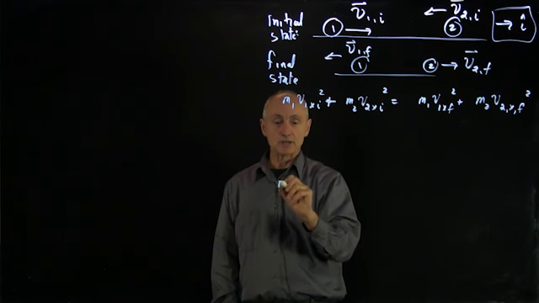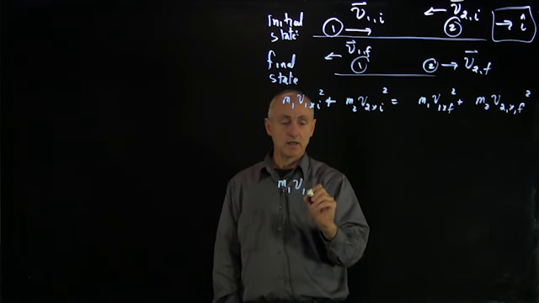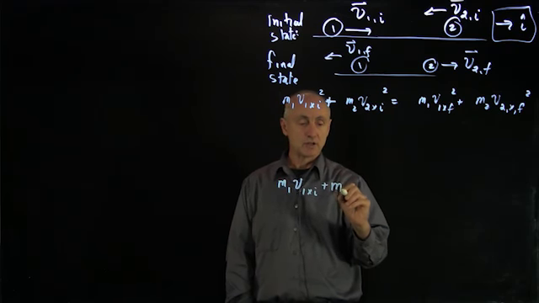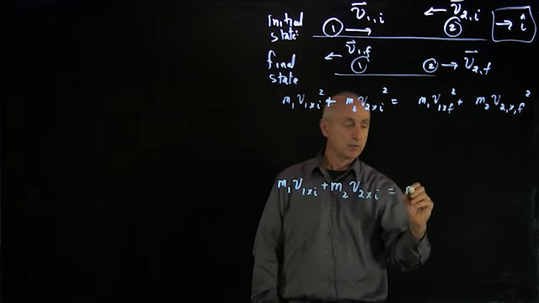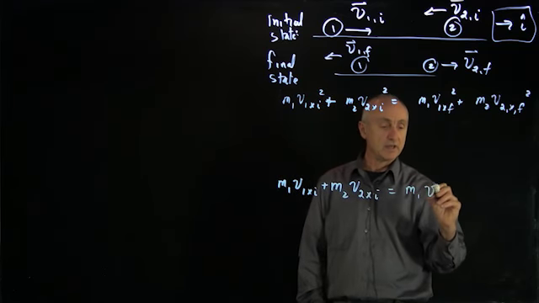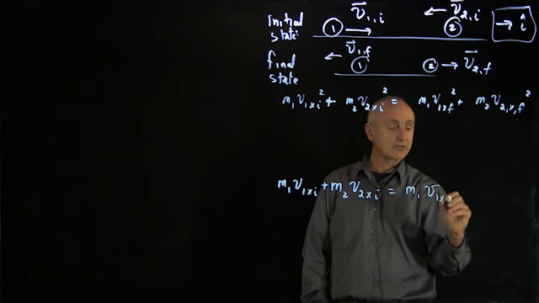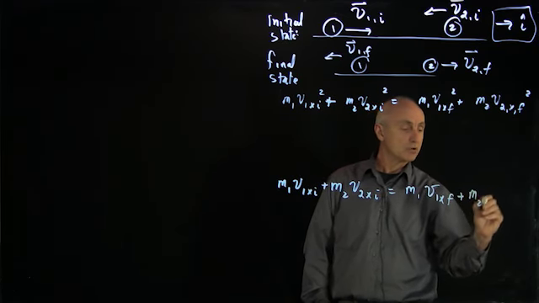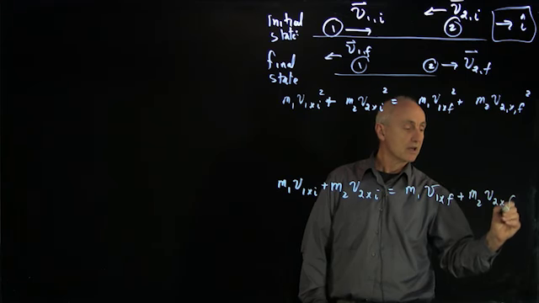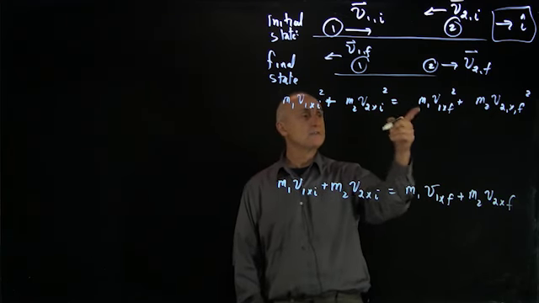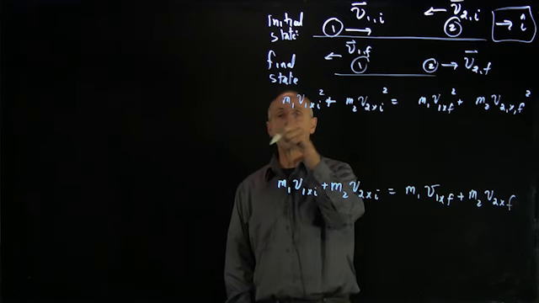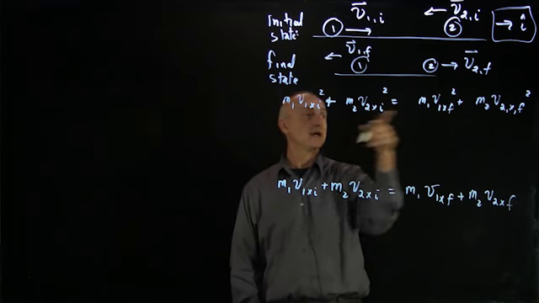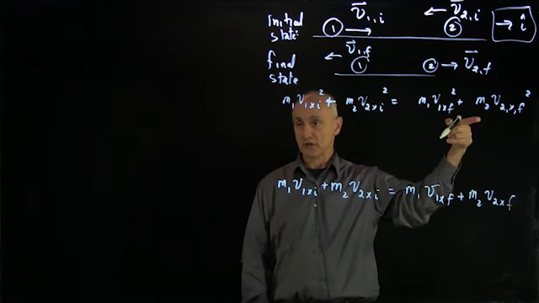And our condition that momentum is constant is m1 v1x initial plus m2 v2x initial equals m1 v1x final plus m2 v2x final. Now, this energy equation can be factored in by bringing all the m1 terms to one side and the m2 terms to the other side.